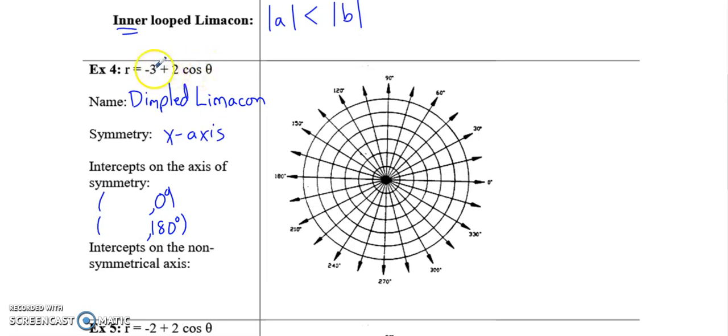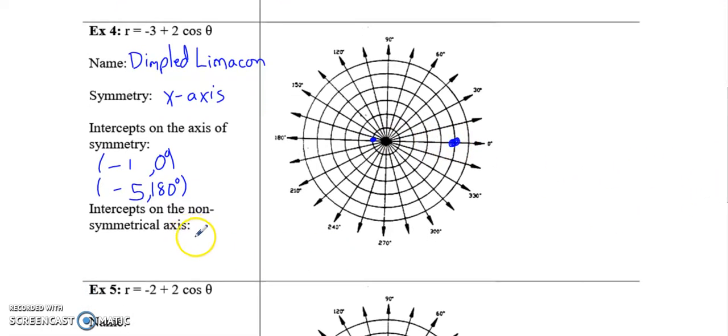Cosine of 0 is 1, so -3 plus 2 times 1. Now at 180, cosine of 180 is -1, so -3 plus 2 times -1. Plot those two points.